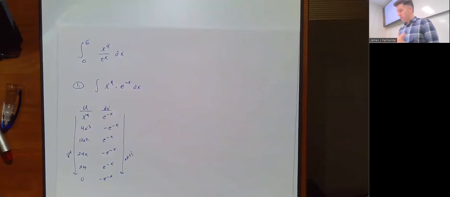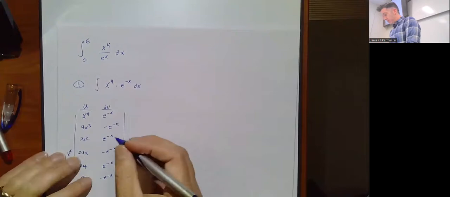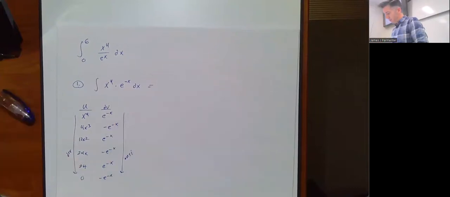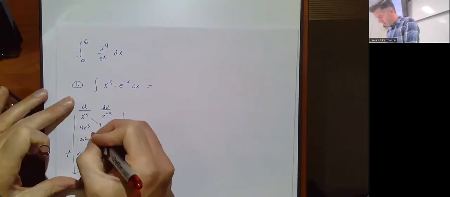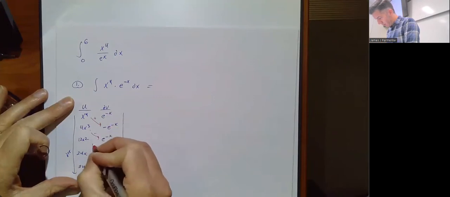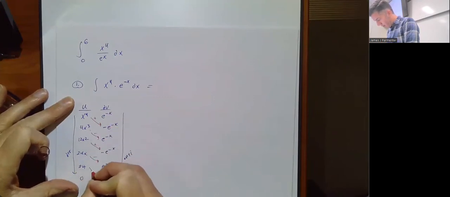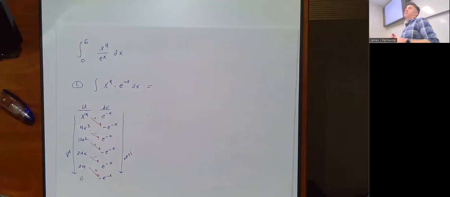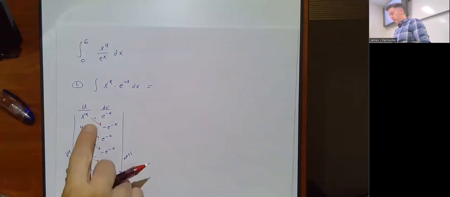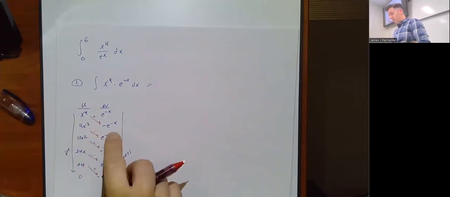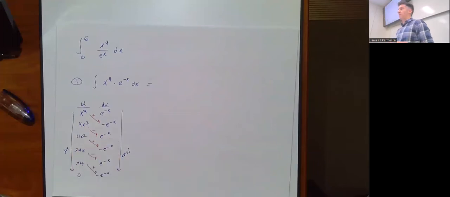All right, so this is going to equal plus, minus, plus, minus, plus. Checking this out, it looks like everything's going to be negative. Because it's going to be plus x to the 4th times negative e to the negative x, minus 4x cubed e to the negative x. All of them are going to end with a minus sign in front, so we can be kind of judicious about that.